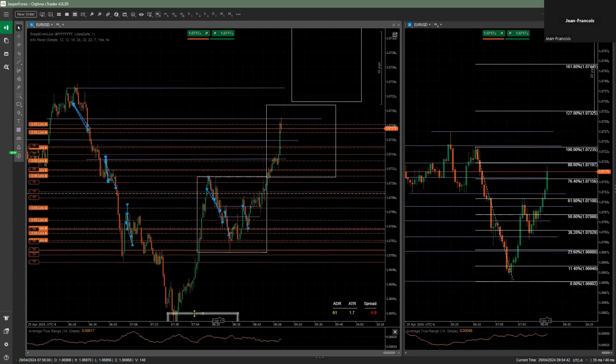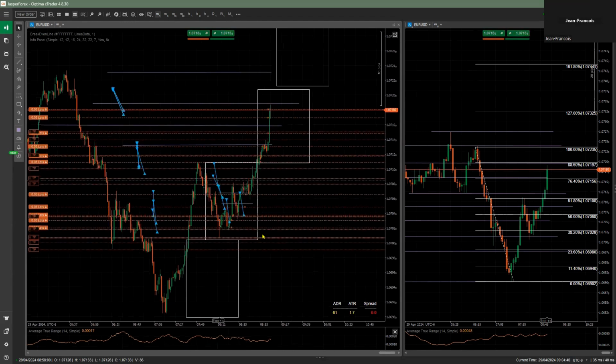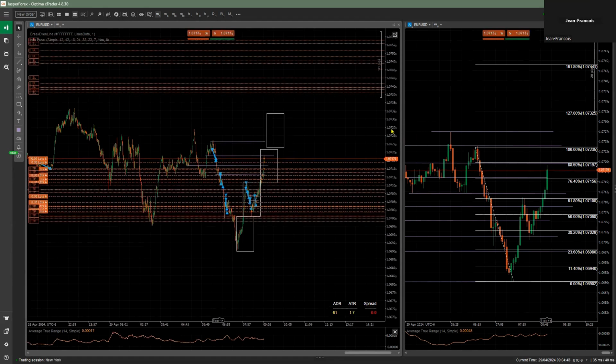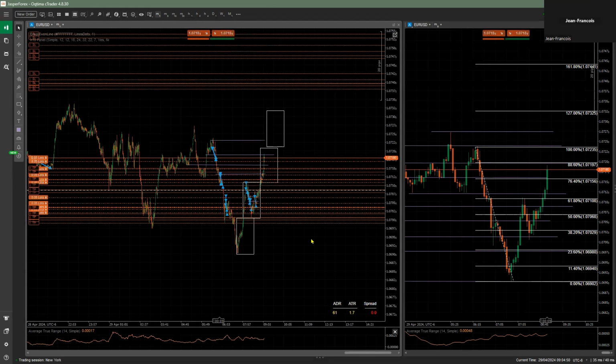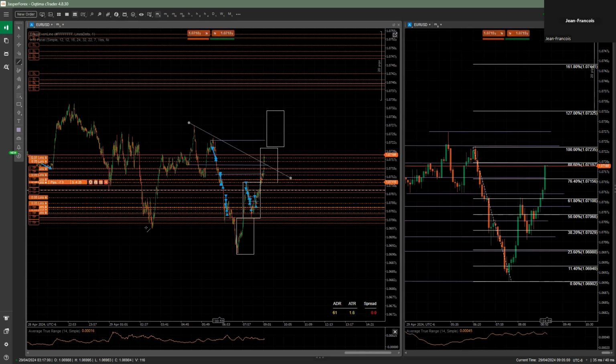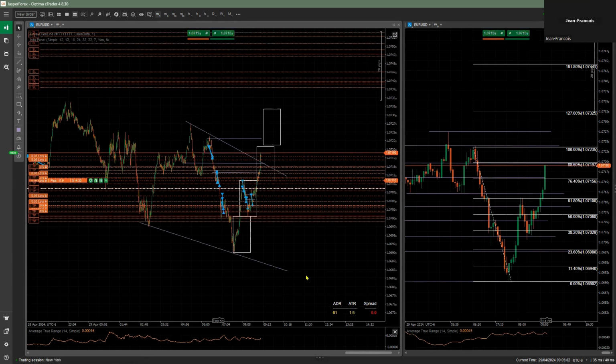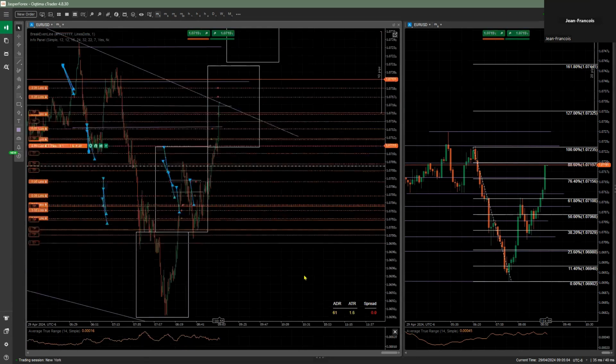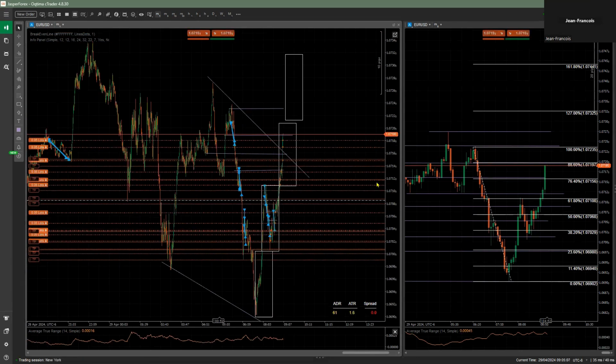But I have to keep thinking forward. I have to think about the ability to come out of this with little to no pain. So looking at the bigger picture, what do we have? Well, we just broke this trend line right there. We have this. Will we come back under?